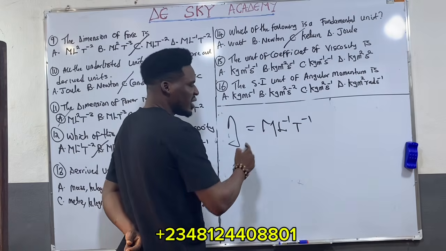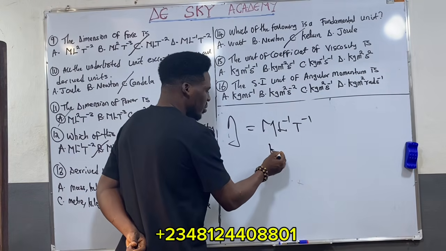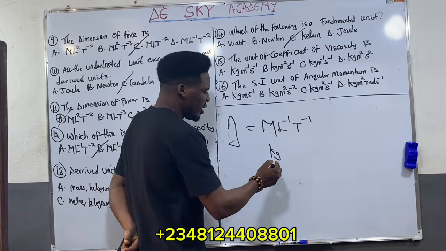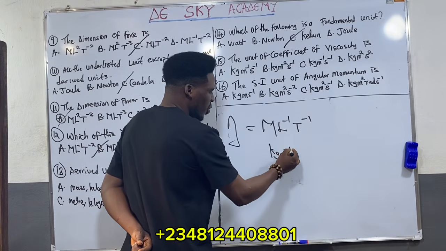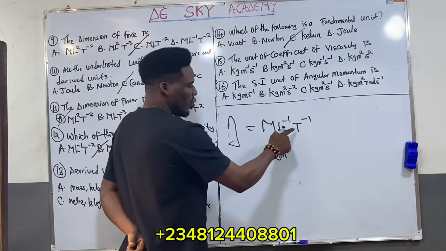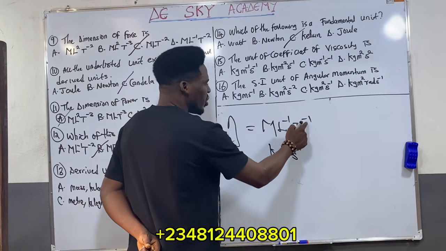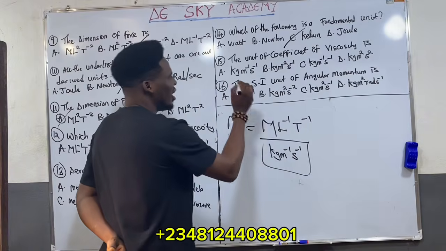What is the SI unit for mass? Kilogram. What is the SI unit for length? Meter, per 1, because there is per 1 here. What is the unit of time? Seconds, per 1, because there is per 1 here.